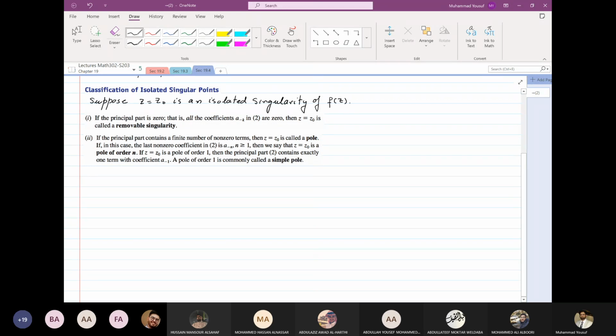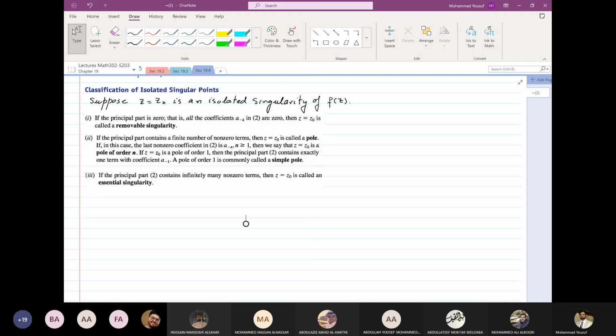In a minute, I will give you examples. But now the third case is that the principal part has infinitely many terms. If the principal part contains infinitely many non-zero terms, then it is called an essential singularity.